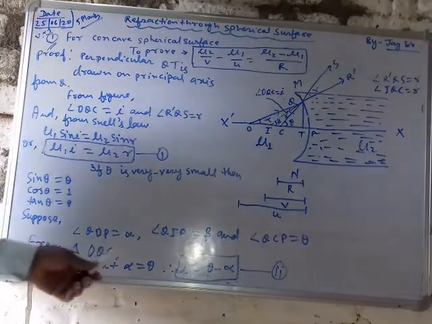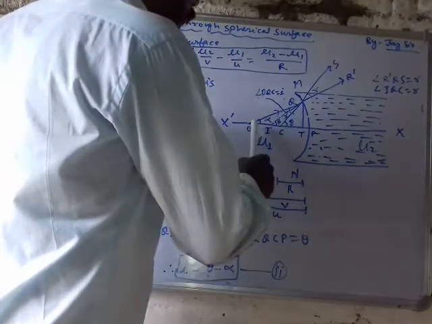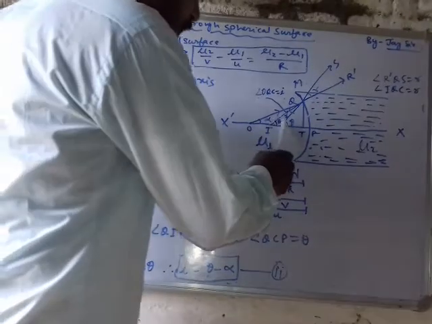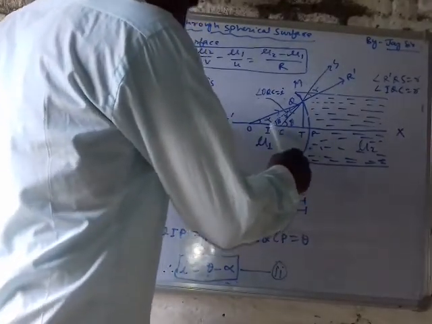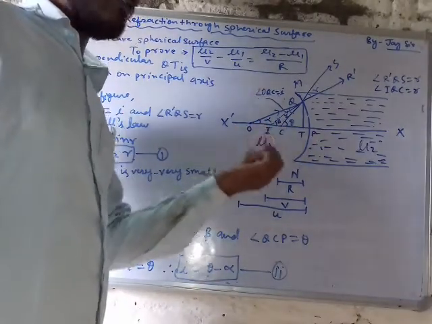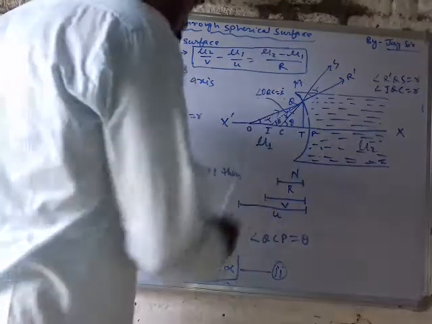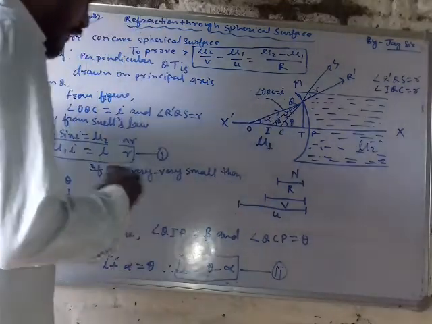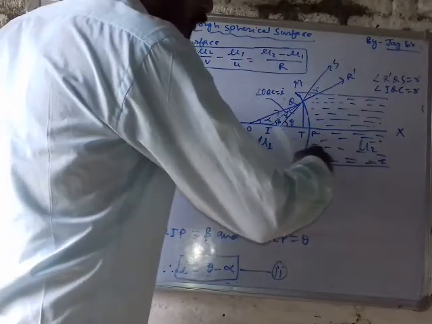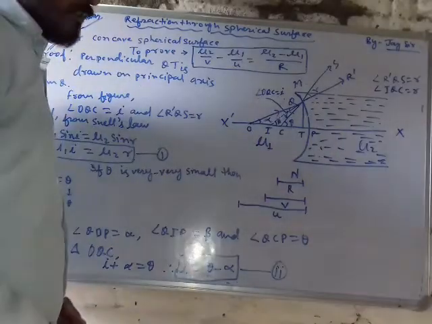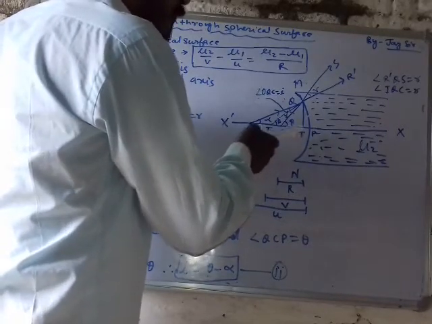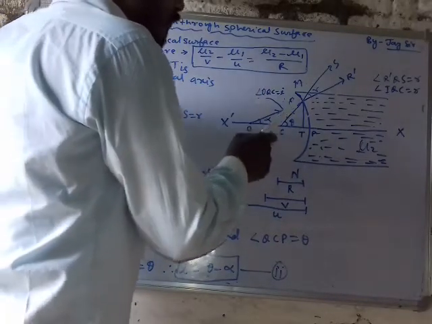Then from triangle OQC, here CP is the produced part of side OC, along x dash x.